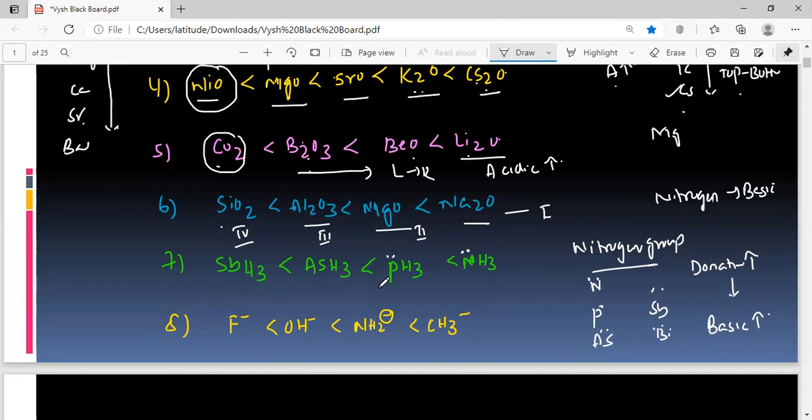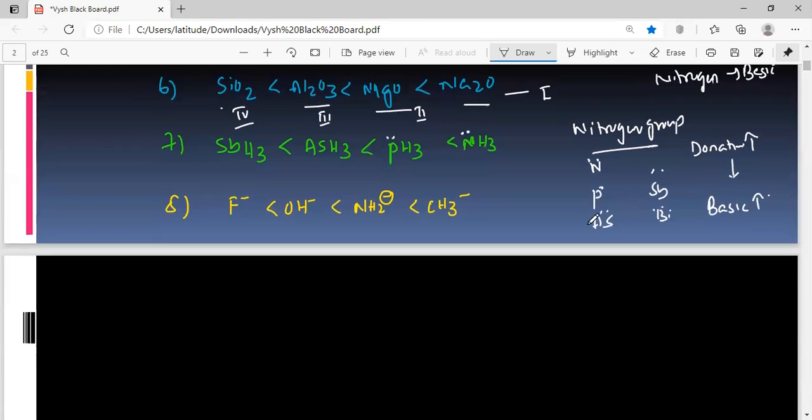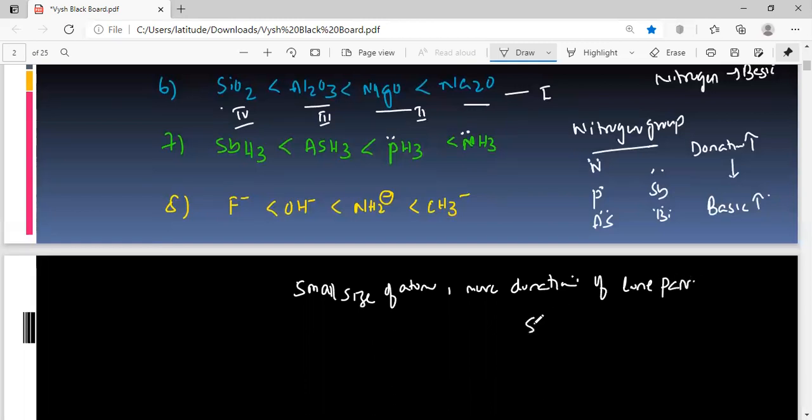Antimony hydride here, because smaller size of atom means more donation of lone pair, so that basic character increases.